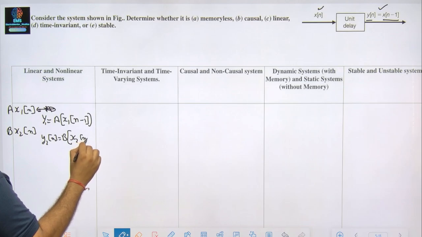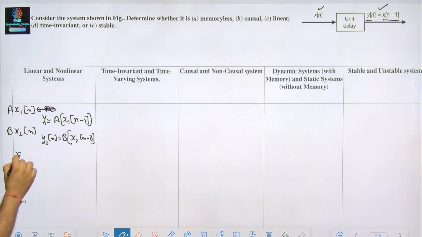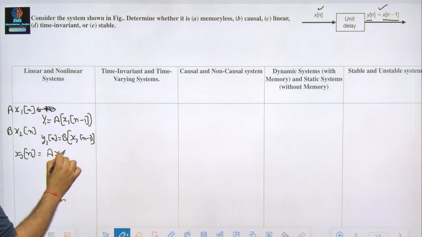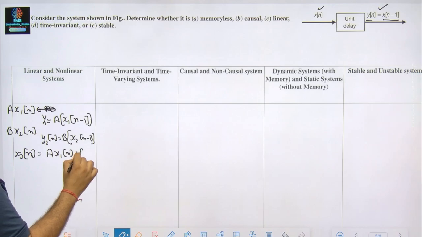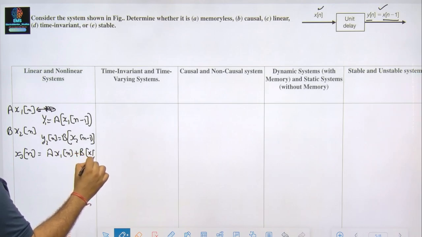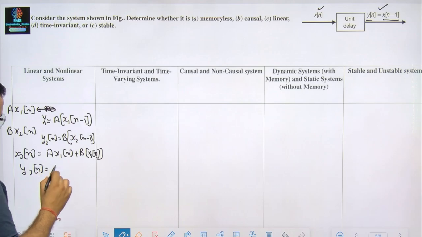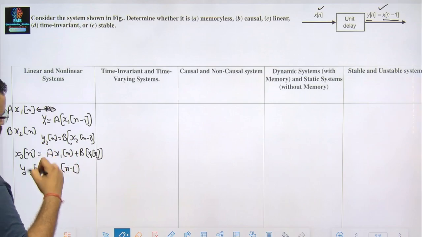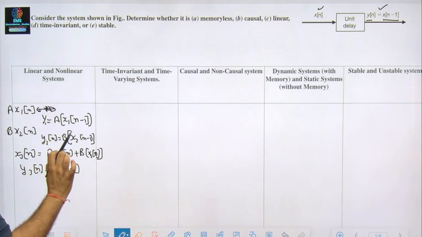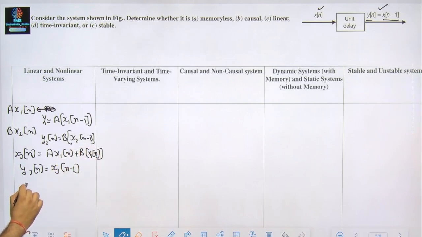Now I'm giving a third input x3[n], which is nothing but a times x1[n] plus b times x2[n]. So what am I getting? I'm getting an output y3[n], which is nothing but x3[n-1]. Whatever n is there in x3, replace it by n-1.